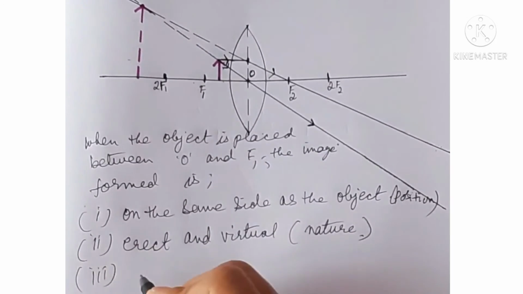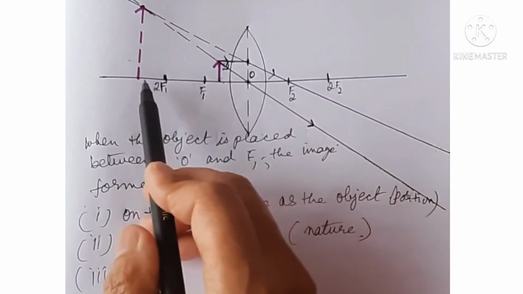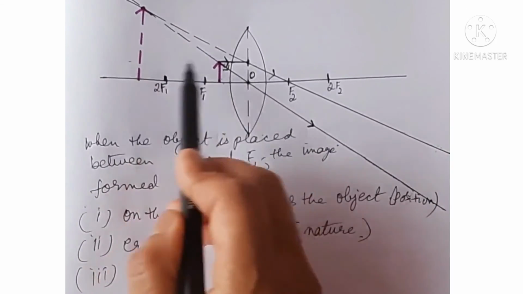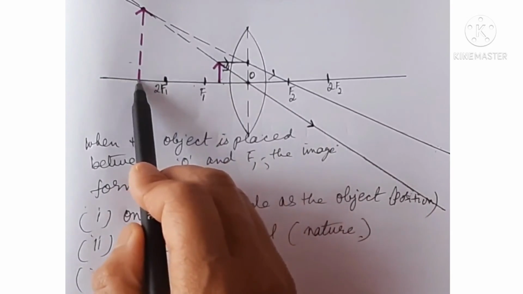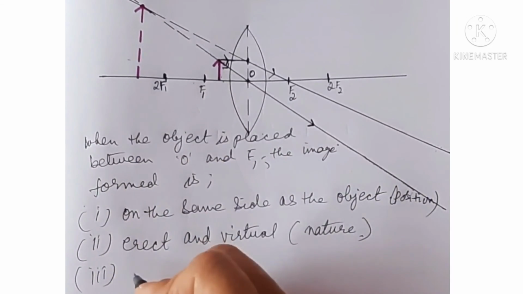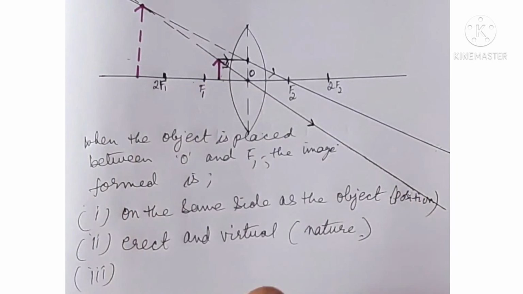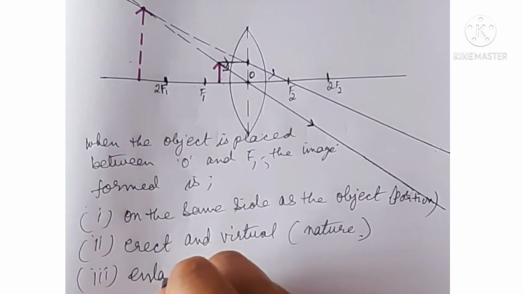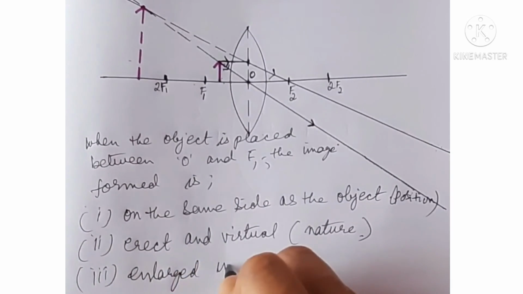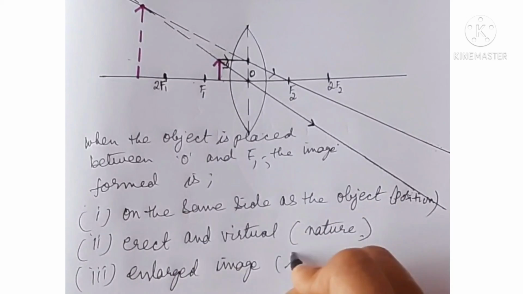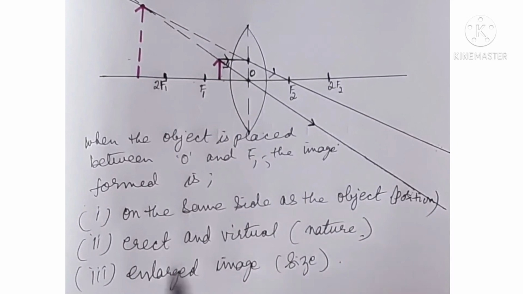Third, size. Look at the size. This is the object, this is the image. By looking only you can make out that the image size is very large, bigger than the object. So I will write enlarged image. So that is how we do the ray diagram.